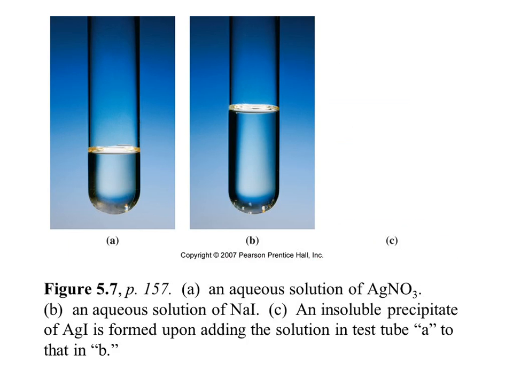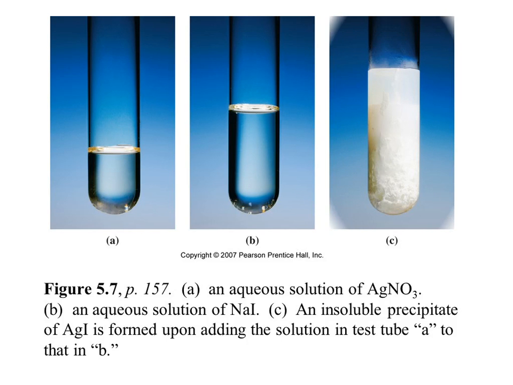All right. So especially in lecture on Wednesday and Friday, we'll be talking more about this. But of these 2 clear solutions, one is silver nitrate, soluble. One is sodium iodide, also soluble. So what we do is take those 2 solutions and mix them together, and an ion exchange reaction occurs.